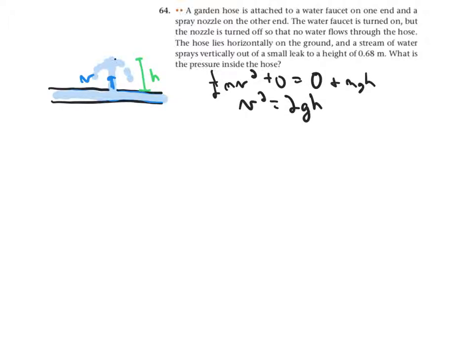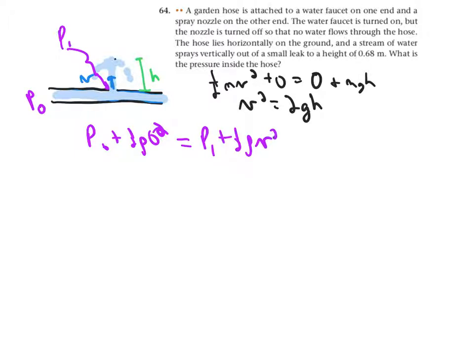And then we can use Bernoulli's equation, and we can say that if the pressure inside is P0, and the pressure here is P1, which will be the atmosphere, then P0 plus 1/2 rho times 0 squared, because the water is essentially not moving in the hose, equals P1 plus 1/2 rho v squared.